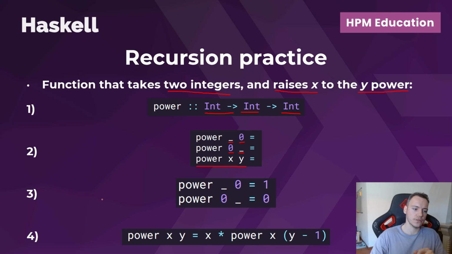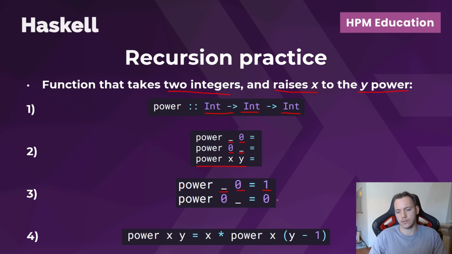The third step then is to take care of the easy cases, those being our two cases. And we'll say that any number to the power of 0 will always be 1. And the second simple case is 0 to the power of anything is 0.